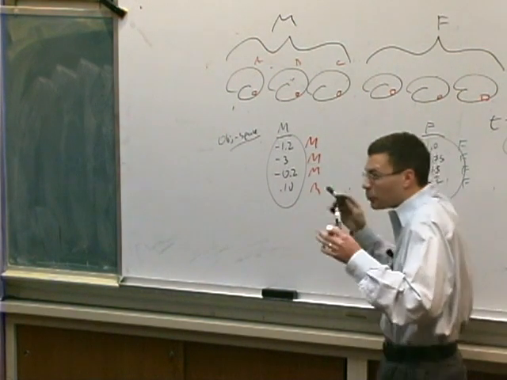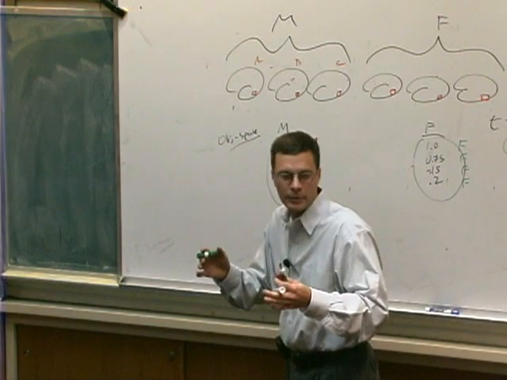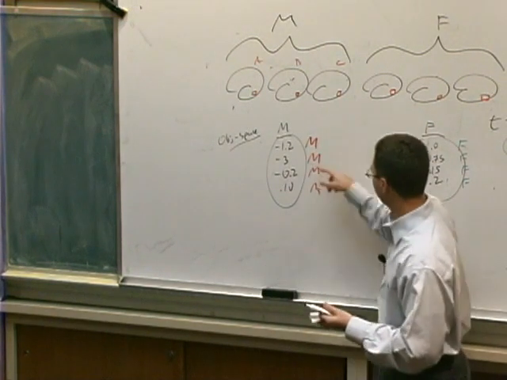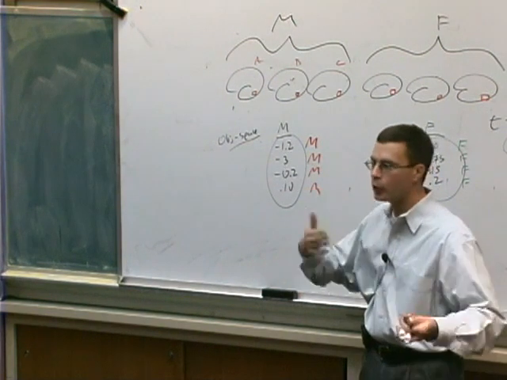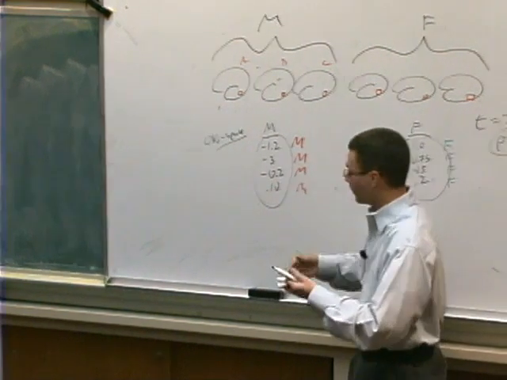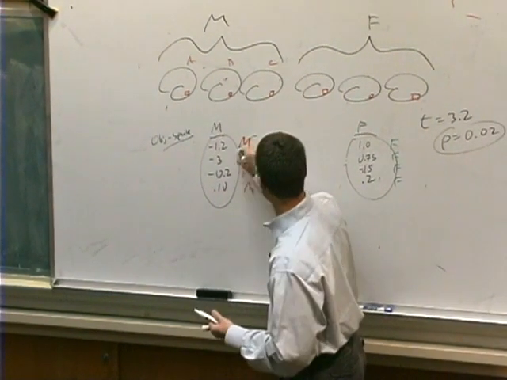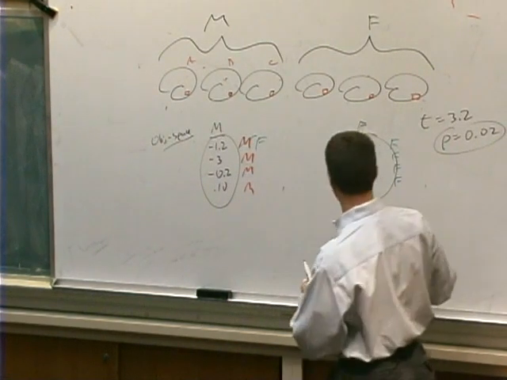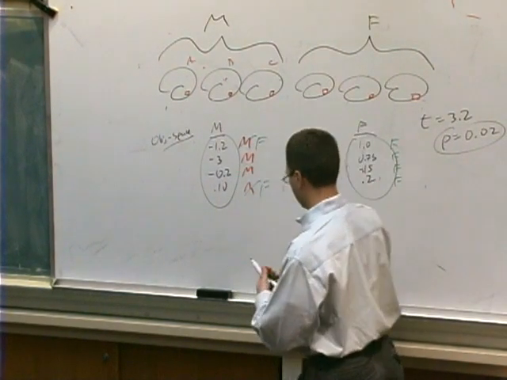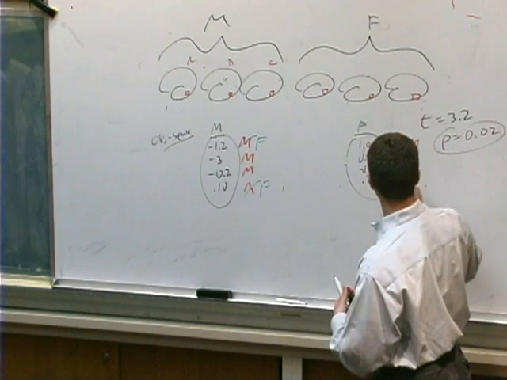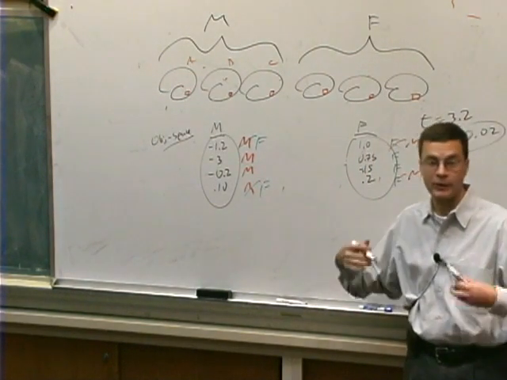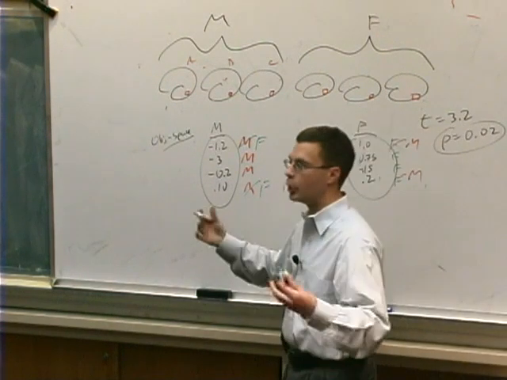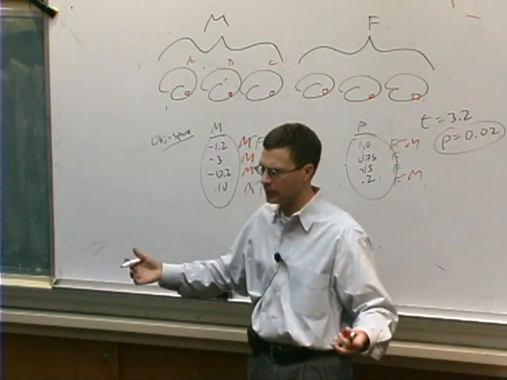But if there really was no difference truly between men and women, then it wouldn't matter if this label was an M or an F, right? I would expect there really would be no difference in this measure. So just as arbitrarily, I could have changed these measurements around and said, well, we'll call that one a female, and we'll call that one a female, and let's make this one a male, and we'll make this one a male. Okay? It shouldn't change the expected effect of no difference between the two populations. Everybody with me with that concept?